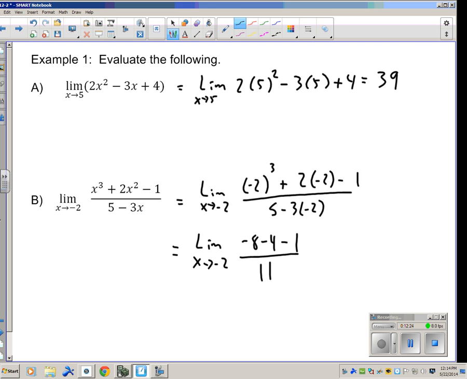Oops. This should have been a positive 4, so this should have been a positive 8. There we go. So we end up getting -1/11. So there's our limit for that one.